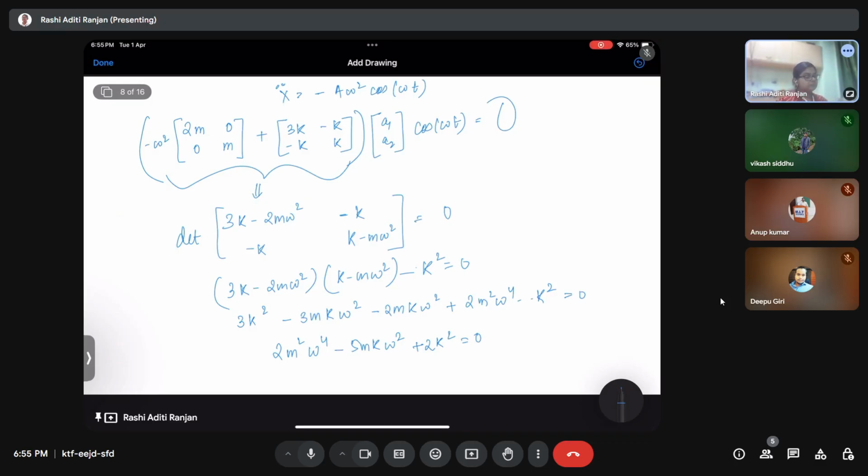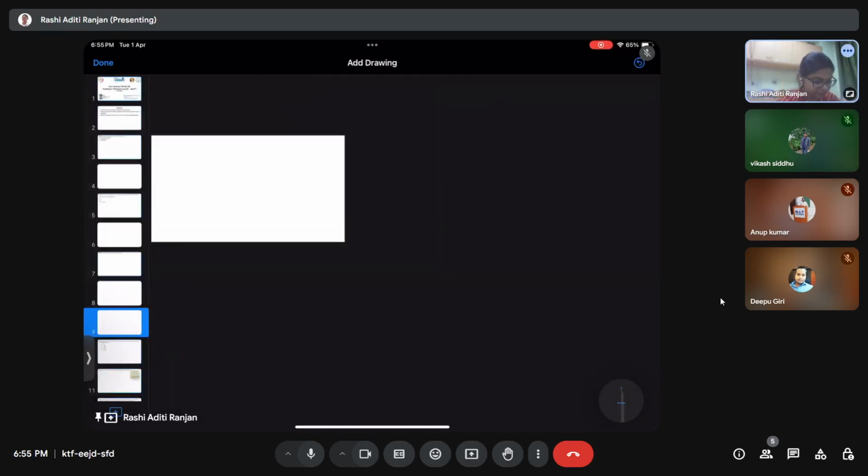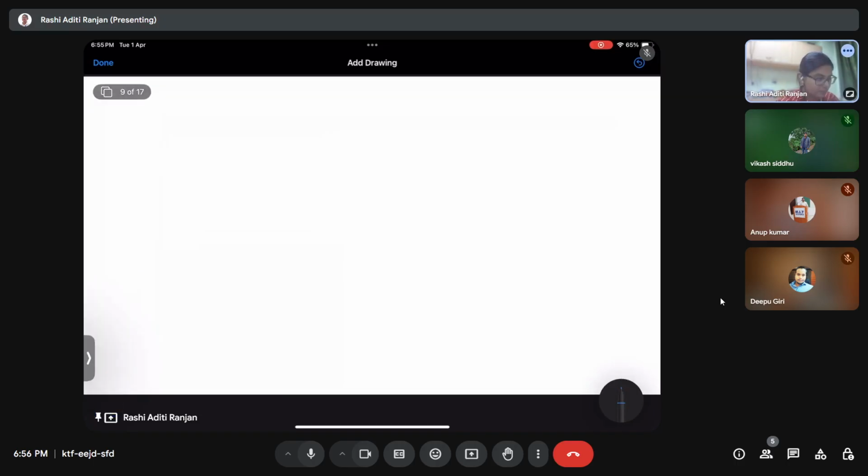Okay. Now, if I take m square out, my system will become twice of omega to the power 4 minus 5 k by m omega square plus twice of k square by m square is equal to 0. So this is my equation.